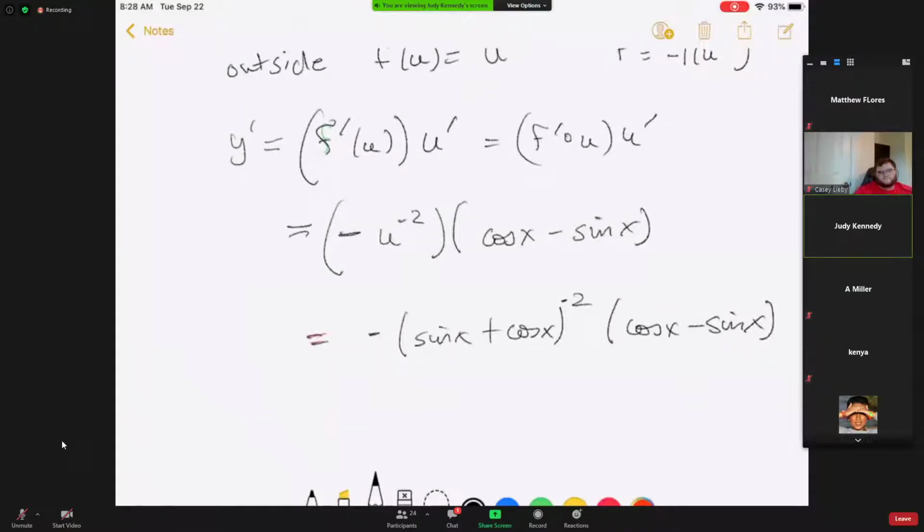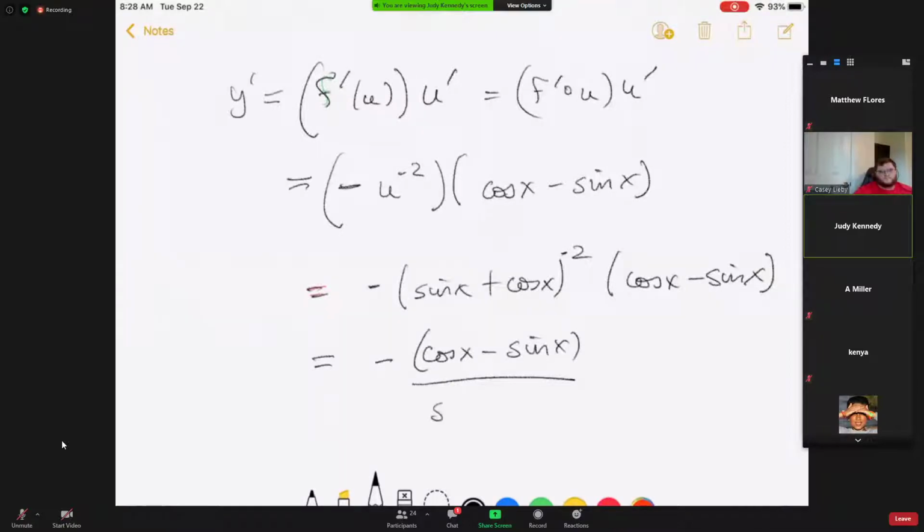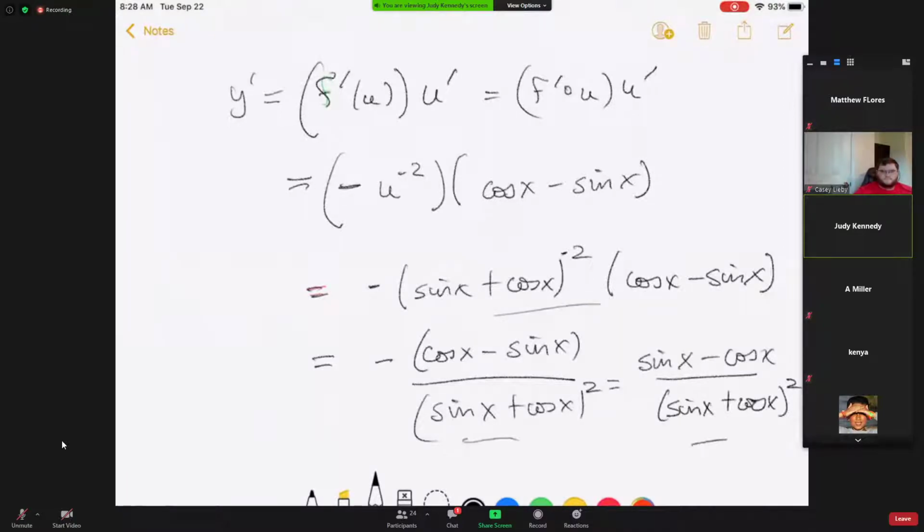And okay, you could leave it like that, or you could write it as over sine of x plus cosine of x squared. And you could also take that minus through and just write it as sine of x minus cosine of x. Okay, so I wrote the same thing in 3 different ways.